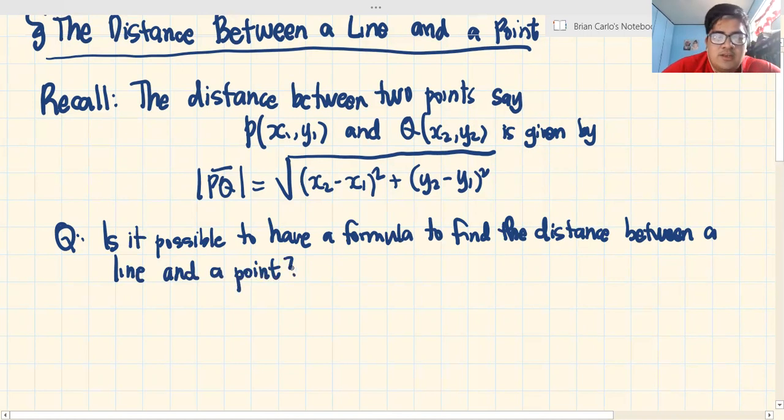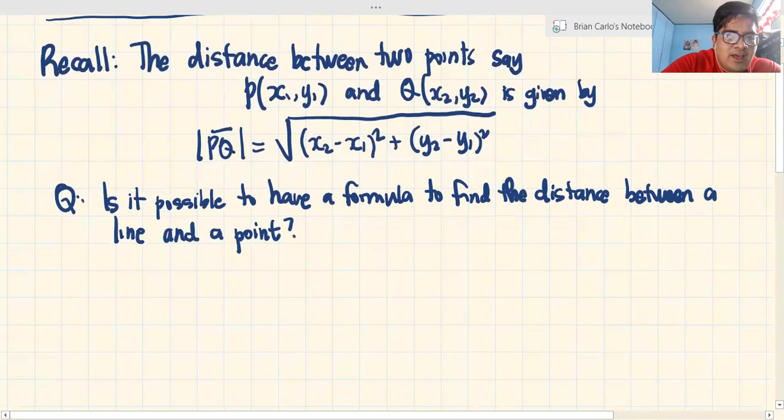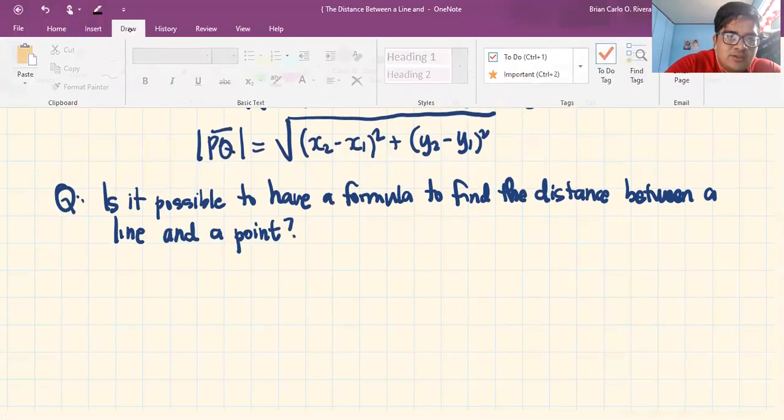Ito yung tanong natin sa sarili natin. Is it possible to have a formula to find the distance between a line and a point? Ngayon, edi let's have an attempt to answer this question.